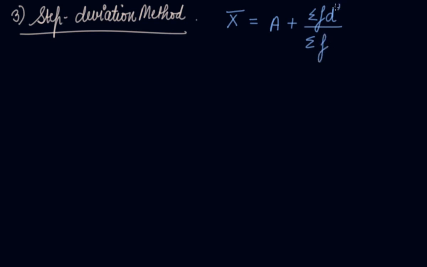Then you will get d dash, and then you multiply by the common factor. We always use the step deviation method in order to simplify the calculations. So in this way we will find the mean using the step deviation method.